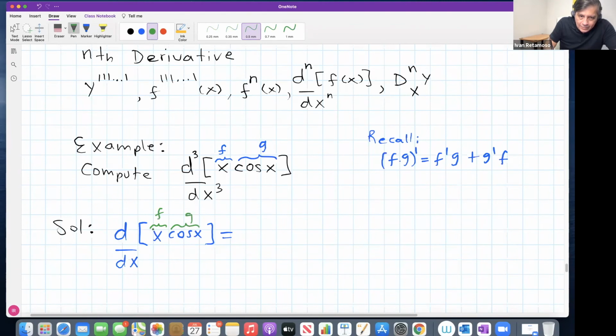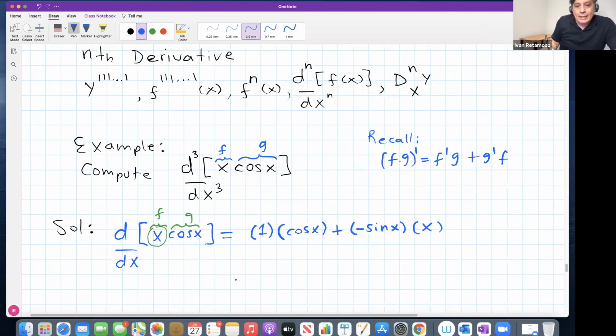Derivative of this first. The derivative of the identity function x is just 1, right? Just write 1 here, times the other function g as it is, cosine of x, plus the derivative of g, the derivative of cosine, remember guys, is minus sine, right? Minus sine of x, times the function f as it is, x. So this is the first derivative, right?